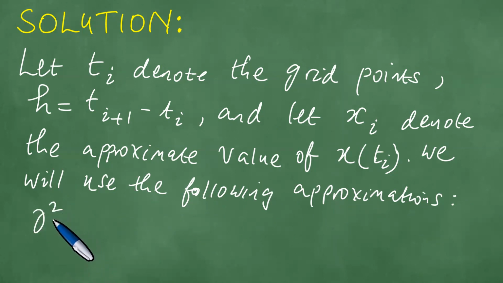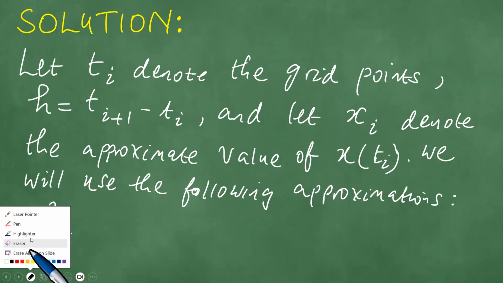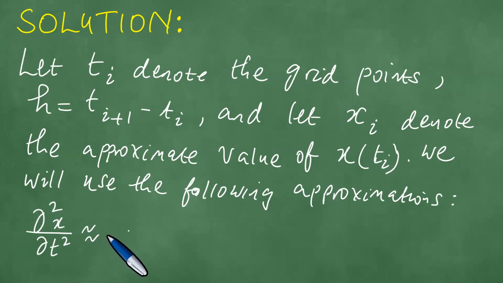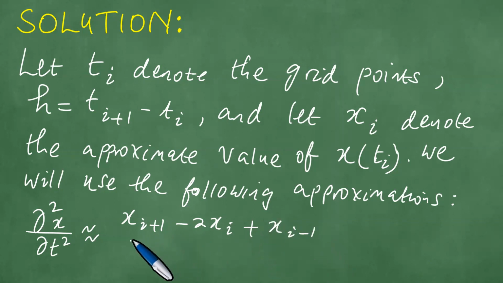The second derivative, partial squared x over partial t squared, is approximated by x sub i plus 1 minus 2 x sub i plus x sub i minus 1, divided by h squared.